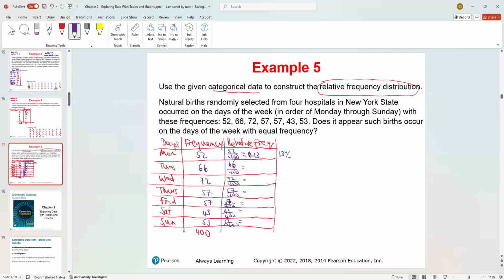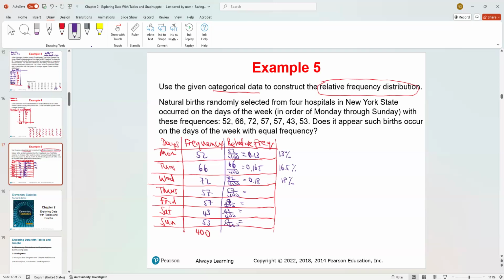If you take 66 divided by 400, that gives you 0.165. Multiply by 100, 16.5%. 72 divided by 400, 18.18 or 18% if you want.